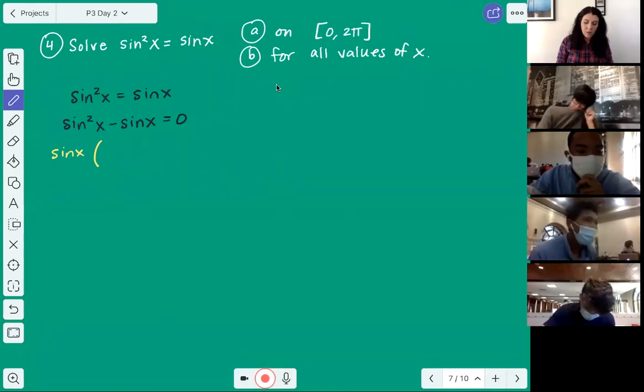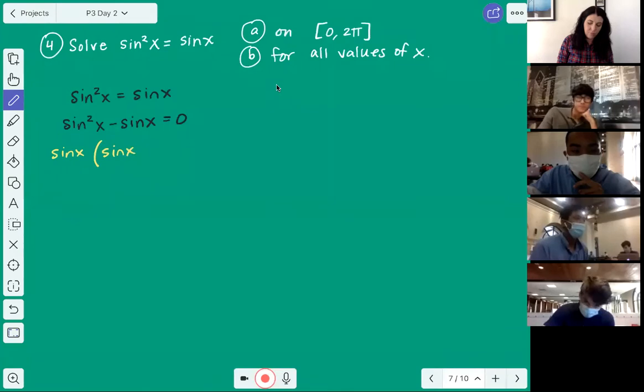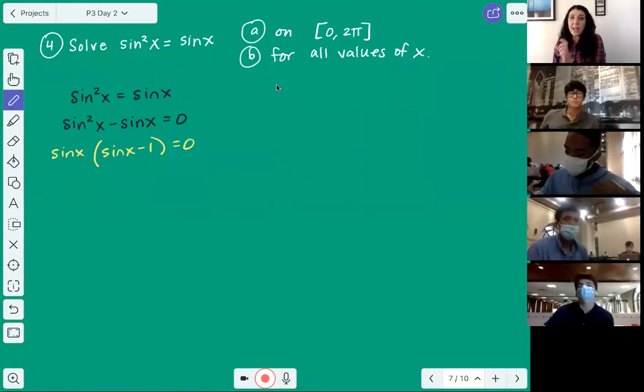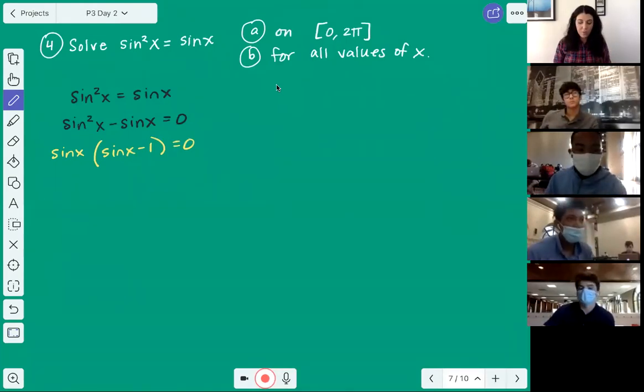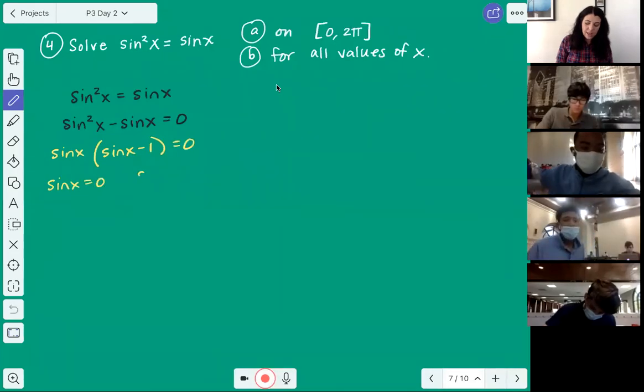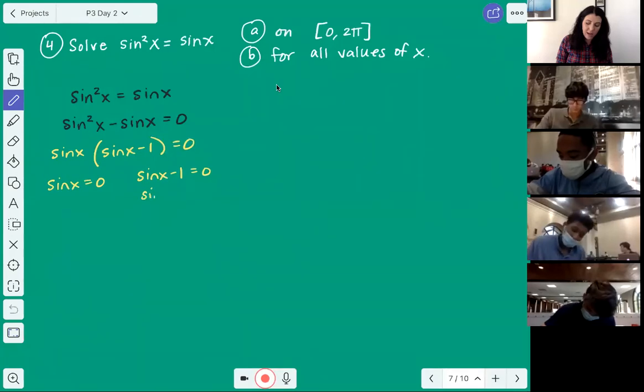Sine x minus 1 equals 0. Fantastic. Now this is the same thing we do when we normally factor. We're going to set each of those things equal to 0. So we get sine x is equal to 0, and we get sine x minus 1 is equal to 0, or the same as sine x is equal to 1.